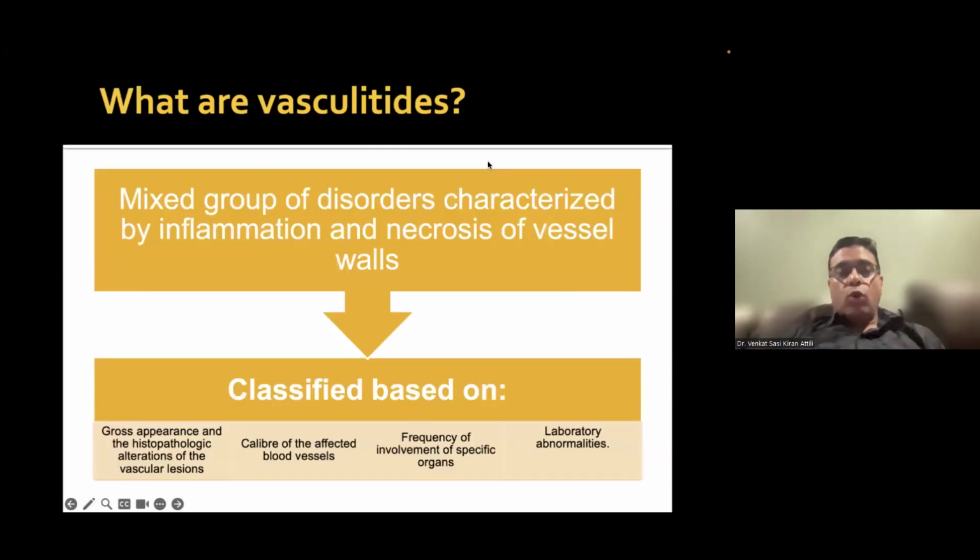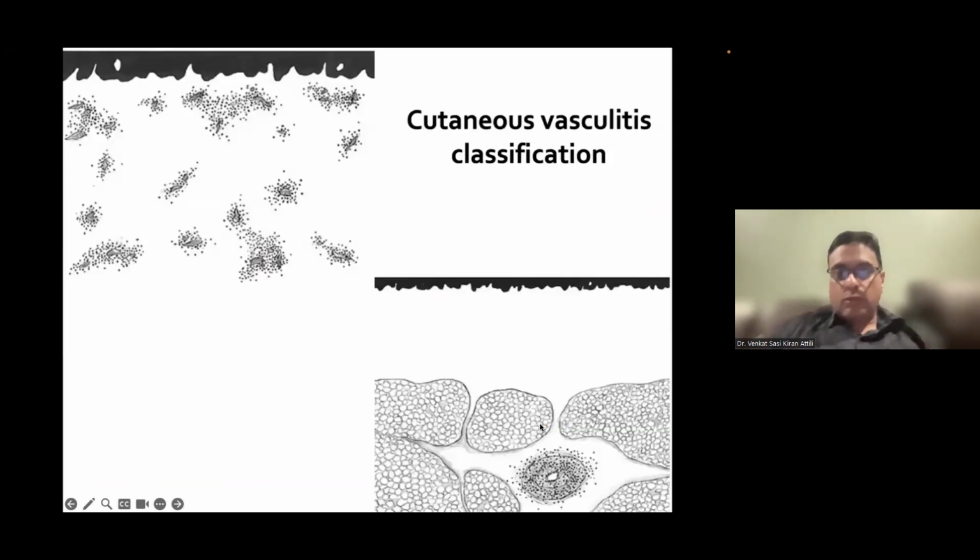Okay. So what is vasculitis? It is a mixed group of disorders characterized by inflammation and necrosis of the vessel walls. They are classified based on the gross appearance and histological alteration of the vasculature, caliber of the affected blood vessels, frequency and involvement of specific organs, and also the associated laboratory anomalies. Okay. So cutaneous vasculitis is classified based primarily on whether it's a small vessel or a large vessel disease.